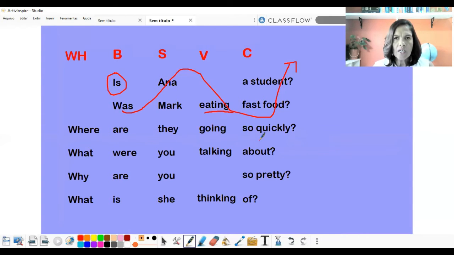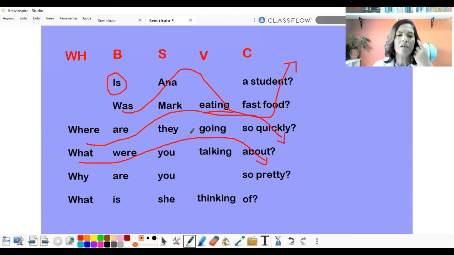Repeat. Where are they going so quickly? Right? Look, what were you talking about? Repeat. What were you talking about? Okay? Pay attention to the intonation.